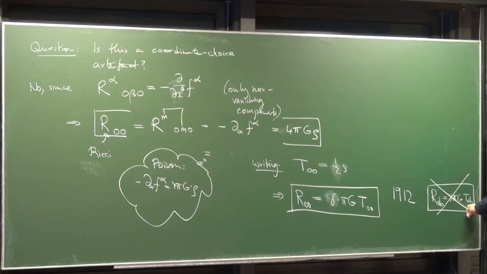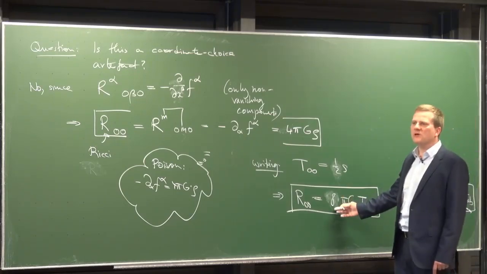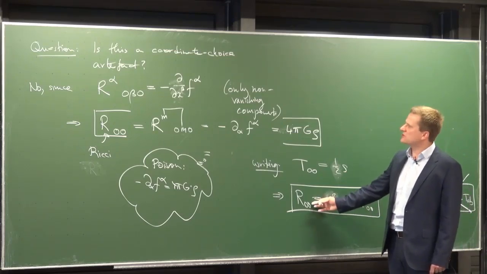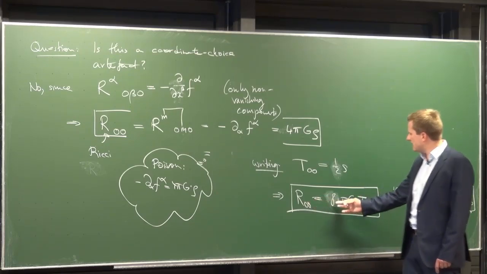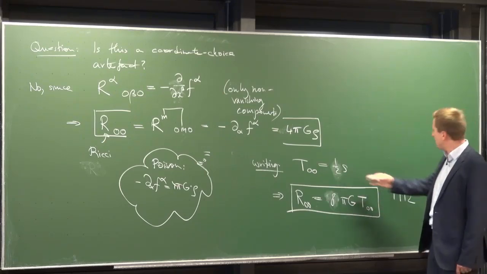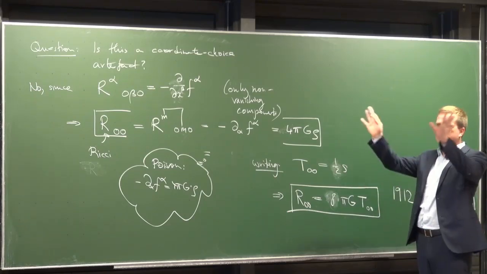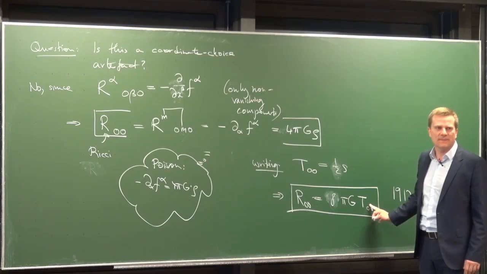This is not far from what Poisson's law says: for the curvature of space-time in Newton gravity, R00 is 8 pi G T00. That's cheating because I set it to rho, but in relativity, if you have dust, lots of particles that don't interact and only have mass, it looks exactly like this.